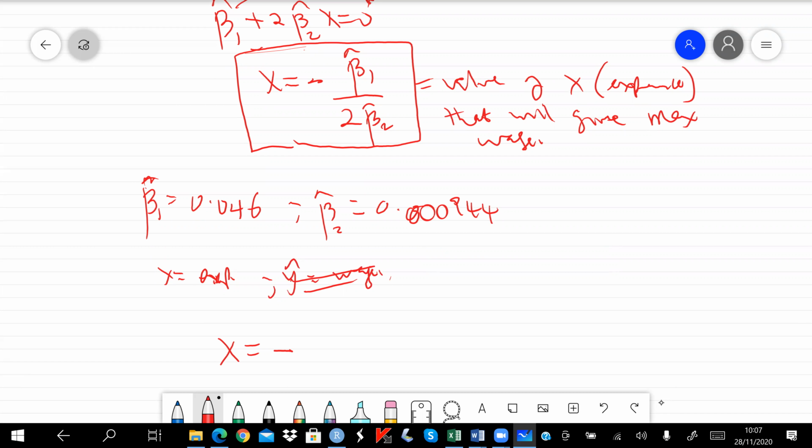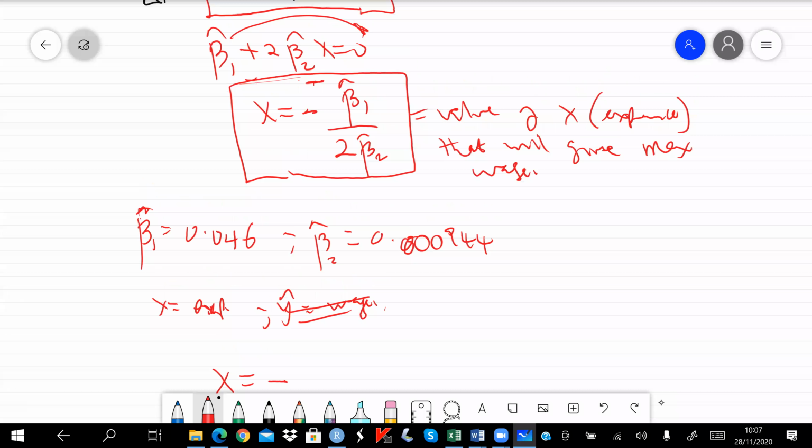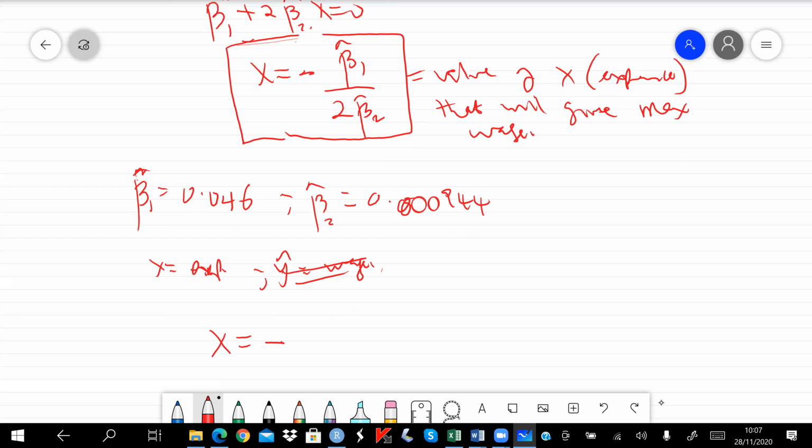minus. There's a minus in the formula; that comes naturally from the differentiation. Then I have the value of beta 1, 0.0446, divided by twice the value of beta 2.